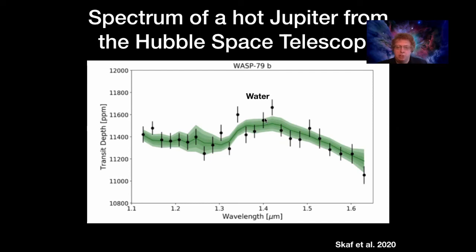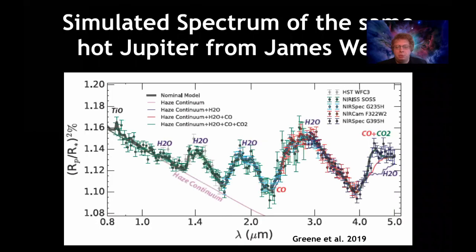When we turn on James Webb, we expect that we'll be able to take data that looks more like this. So instead of just seeing some noisy data over here, we'll see this beautiful, precise data over a much larger range in colors, which will show us many more different molecules.